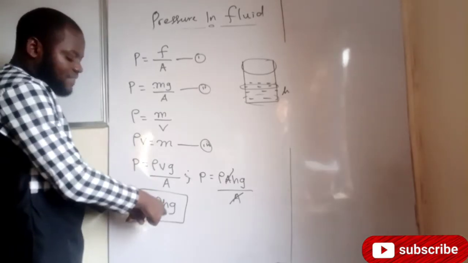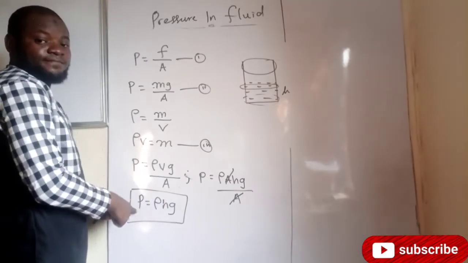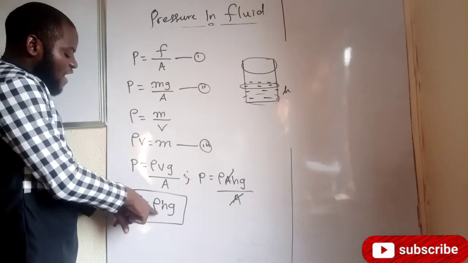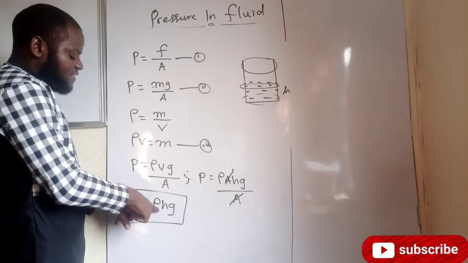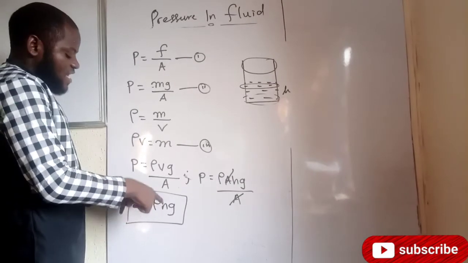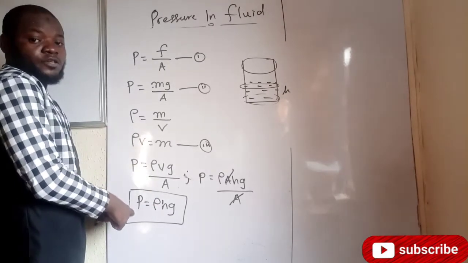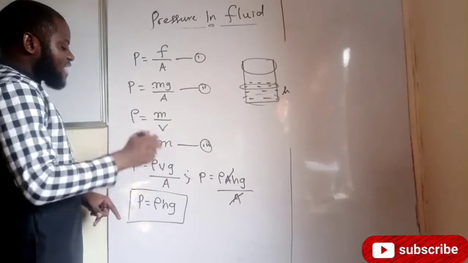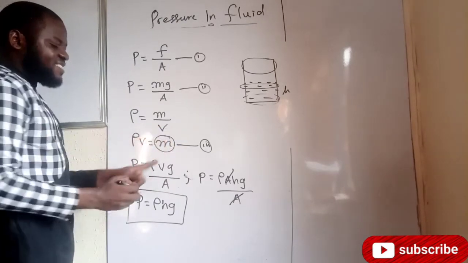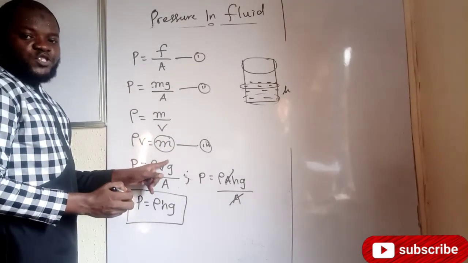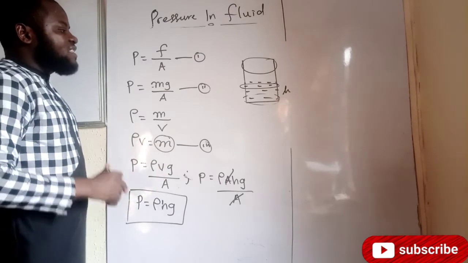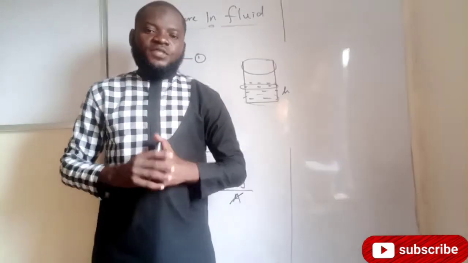That is, if depth increases, pressure would increase. Okay? What will now happen if density of a substance should increase? If density of a substance should increase, the pressure would also do what? Increase, because that will result in an increase in mass. Are we together now? So, this is where we are going to stop for this class.